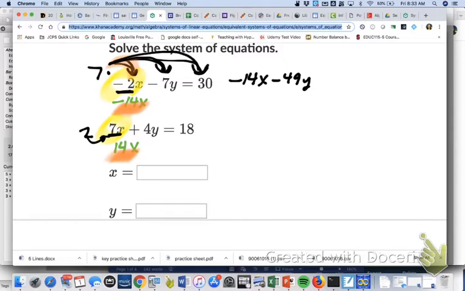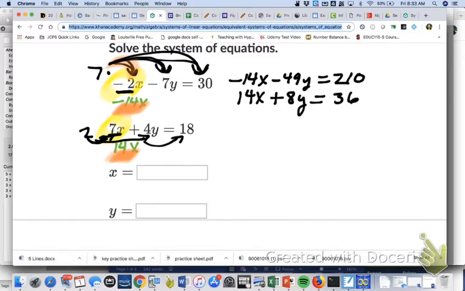And then 7 times 30 is going to give us 210. Now my bottom equation: 2 times 7x is 14x. 2 times 4y gives me plus 8y. And then 2 times 18 gives me 36.